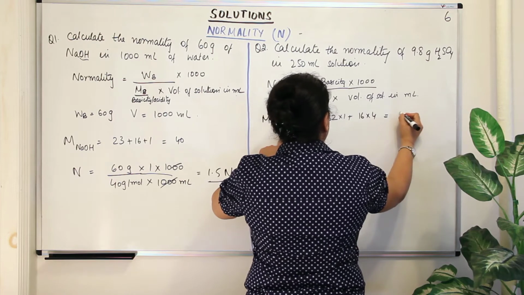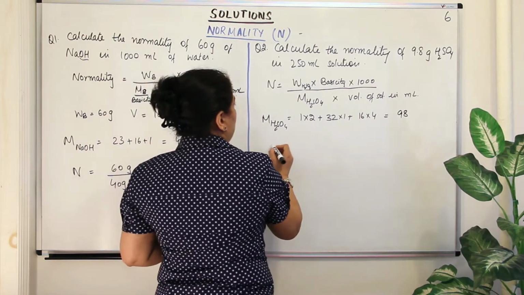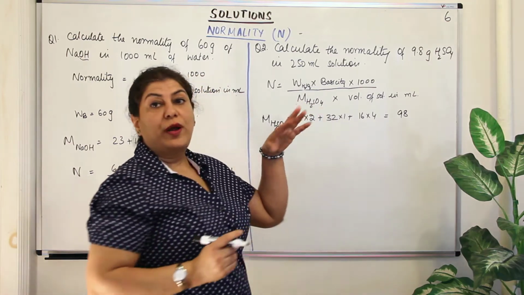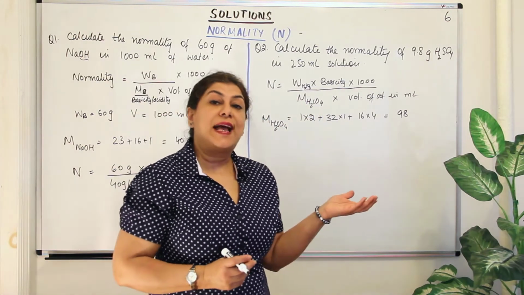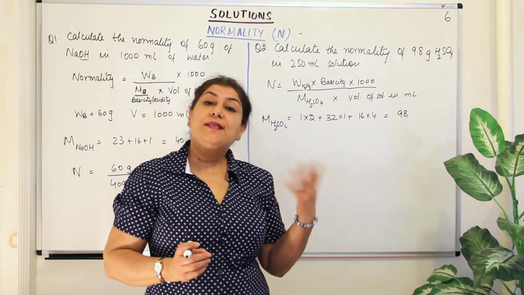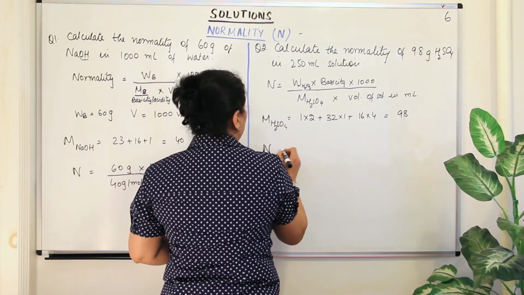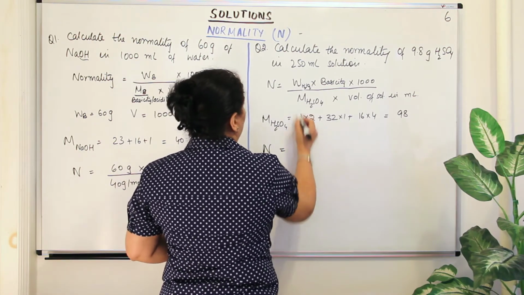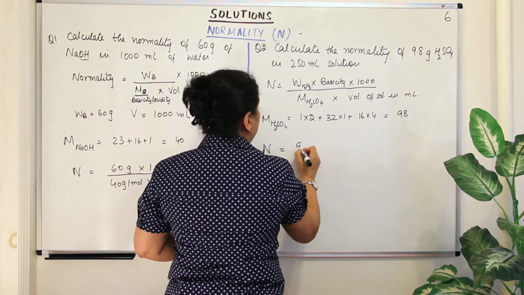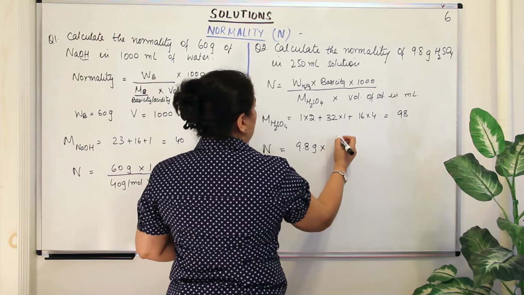And when you calculate this, this comes out to be equal to 98, right? So now we'll substitute, and since H2SO4, what is the basicity of this acid? It has 2 replaceable hydrogen ions, therefore its basicity is 2. So we'll substitute the values now. Normality of H2SO4 would be equal to, the weight of H2SO4 is 9.8 grams divided by, into the basicity, what is the basicity?